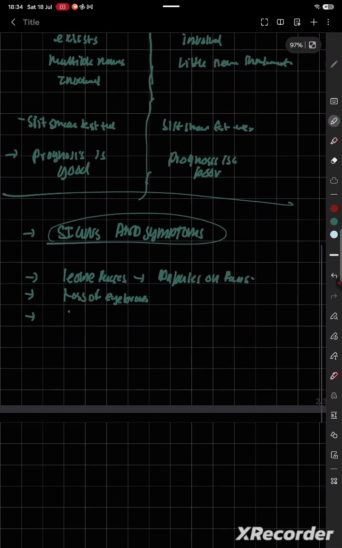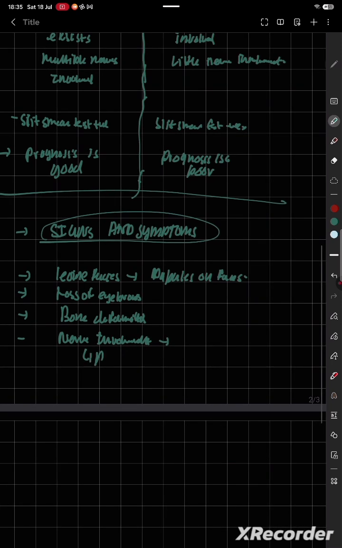Then there are bone deformities and nerve involvement. In paucibacillary you have the ulnar nerve, the posterior auricular nerve, and the median and popliteal nerves.